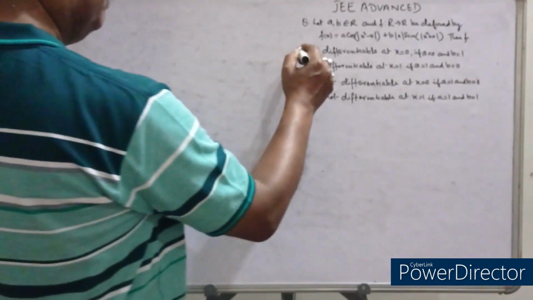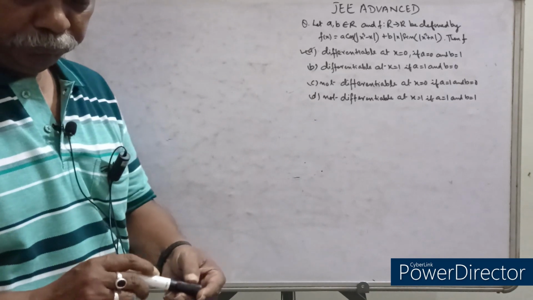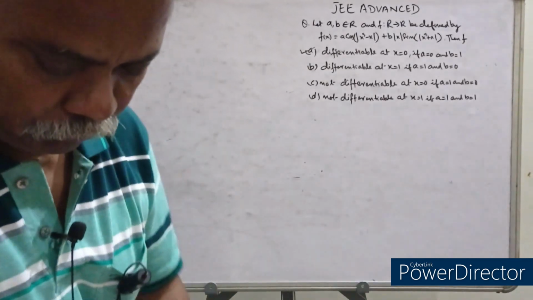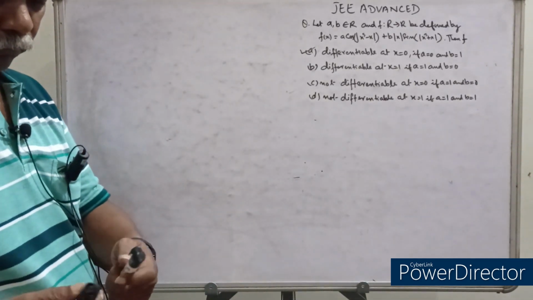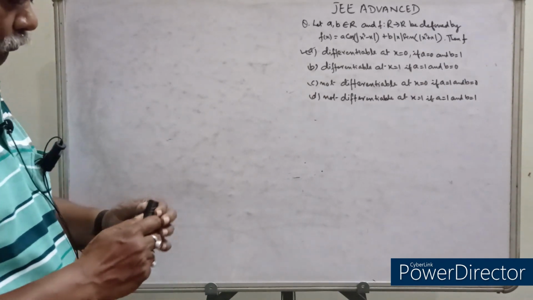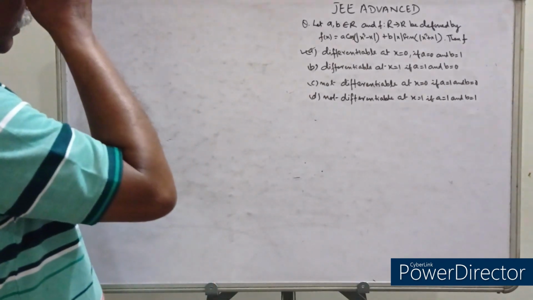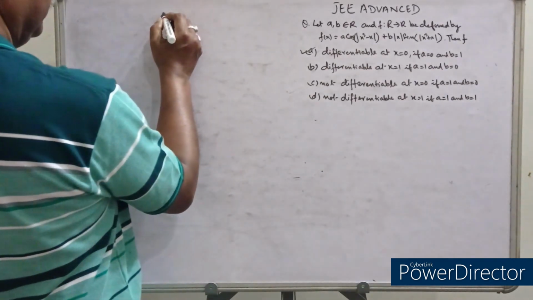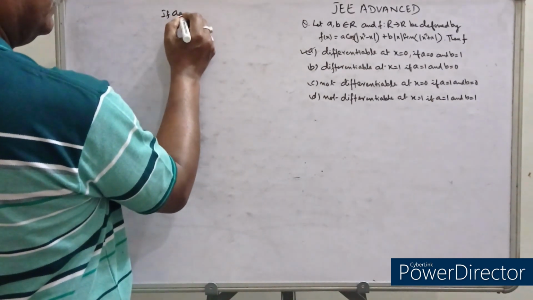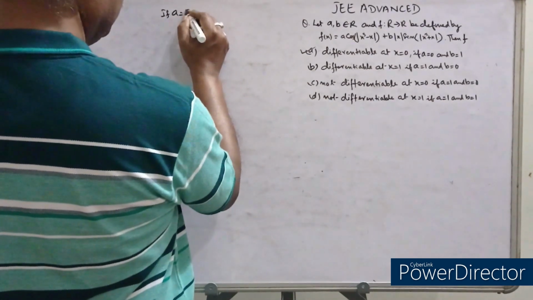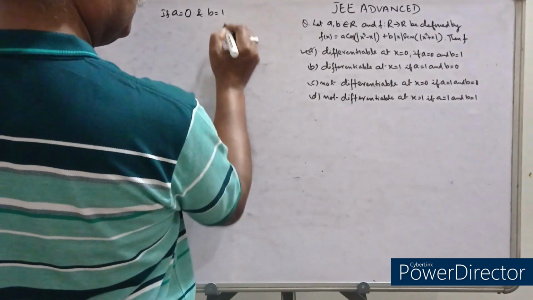So first case, let me take the first case, that is, if a is equal to 0 and b is equal to 1.